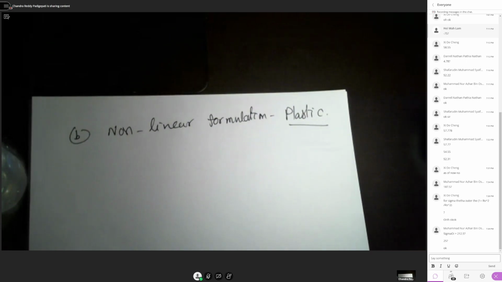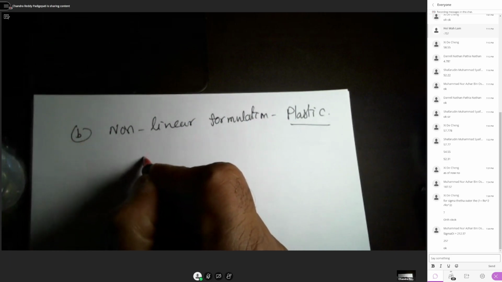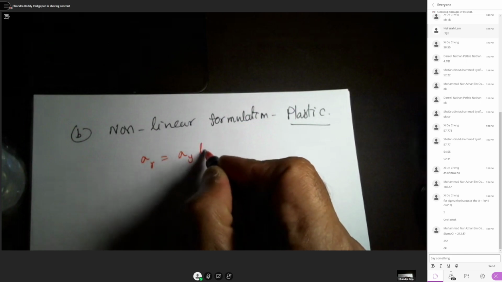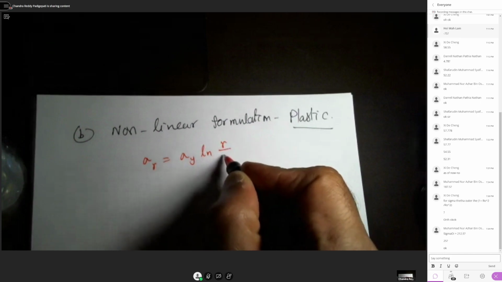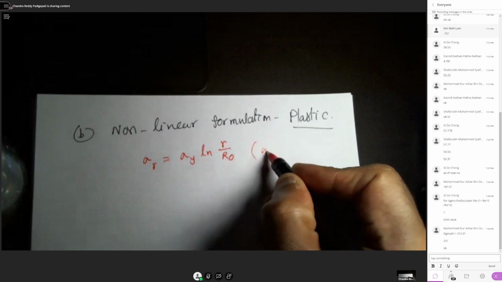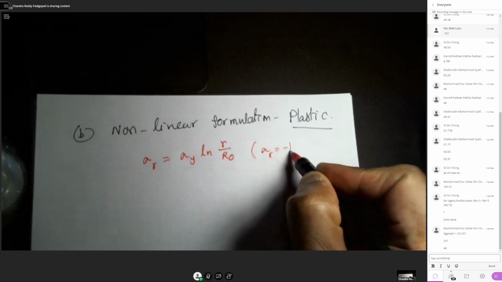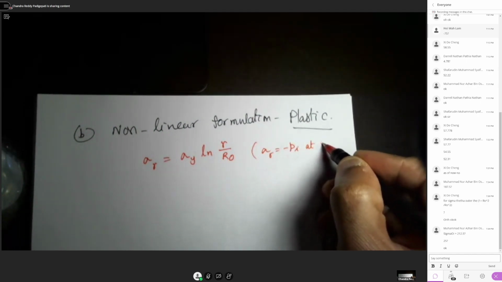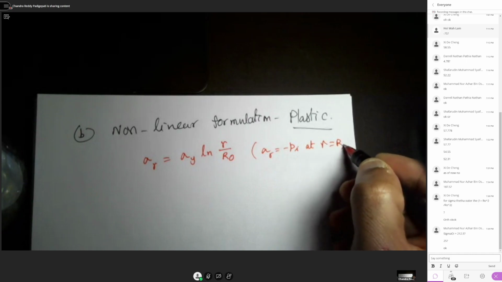For the plastic nonlinear formulation, the radial stress we can write as sigma r equals sigma y ln r over R naught. Here sigma r is the negative of internal pressure at r equal to Ri.